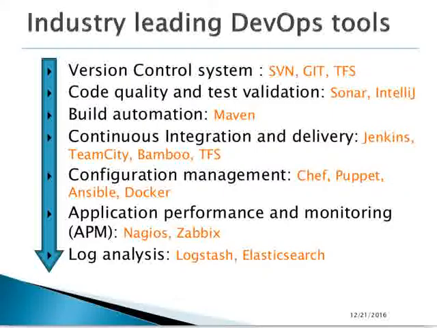Some of these tools are Git as the version control system, Sonar or IntelliJ for code quality, build automation tools like Maven and so on. All these are industry leading tools. These are not the only tools available. There are n number of tools available on the internet, and these are just some of them which are usually used in the IT industry.